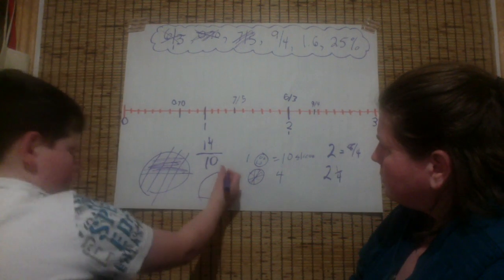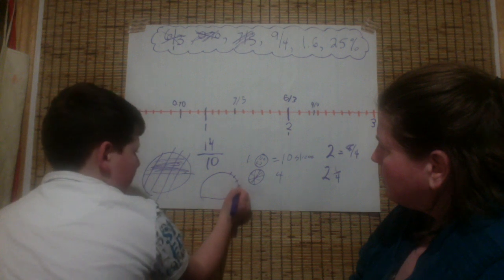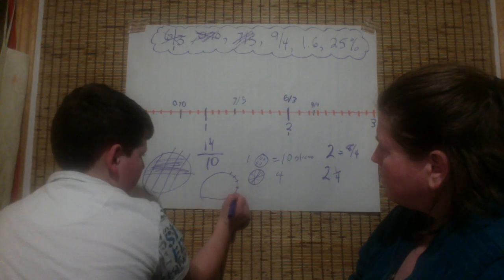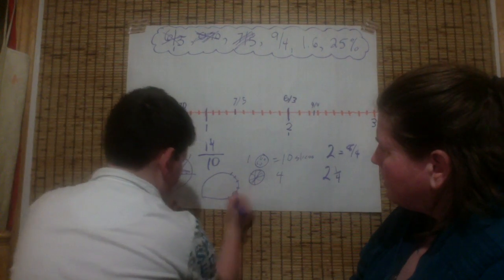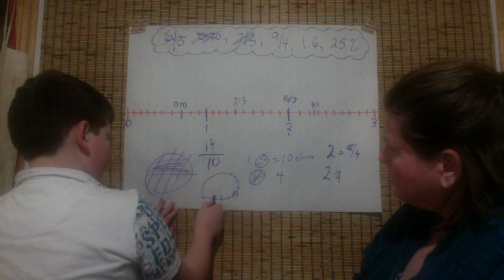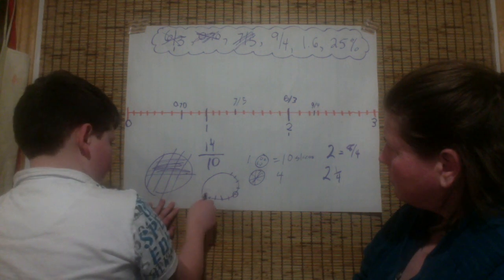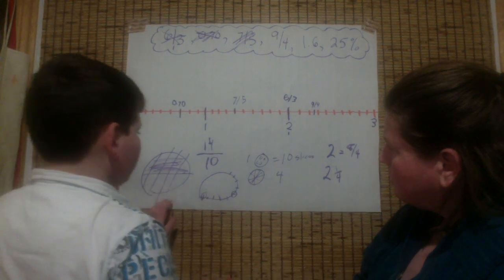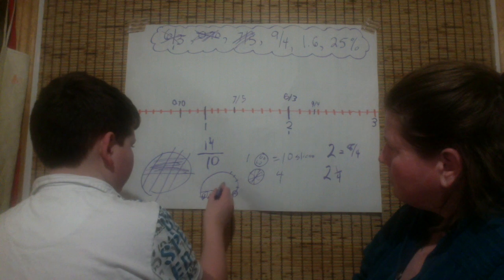So if you go 5, 10, 15, 20, 25, 30. 25 is right here. 30, 35, 40, 45, 50. I can't draw. It is in between there.